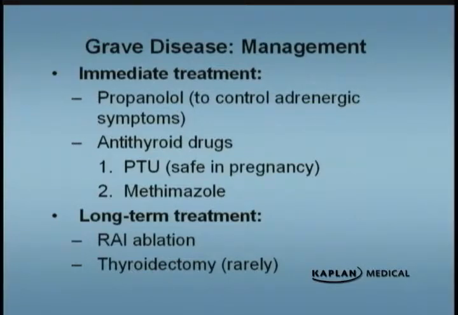Now, they have a question on the boards where they ask, well, why don't we give radioactive iodine ablation right away? And we have to go through the immediate treatment with beta blockers and PTU, and then give this guy radioactive iodine ablation months later, usually not years later, once we made him euthyroid. The answer is, with a very active thyroid, if you give radioactive iodine ablation, the patient's going to get worse.